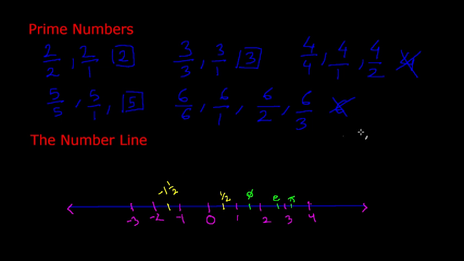So let's see what we have learned so far. If we consider the whole numbers, which are 0, 1, 2, and so on, and start at 0 and go towards the right hand side, those will be the natural numbers.